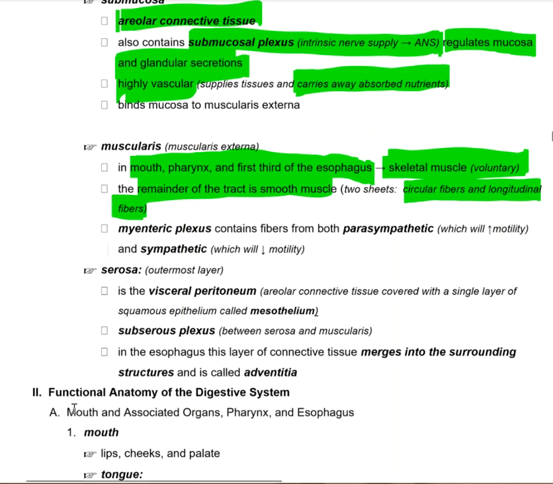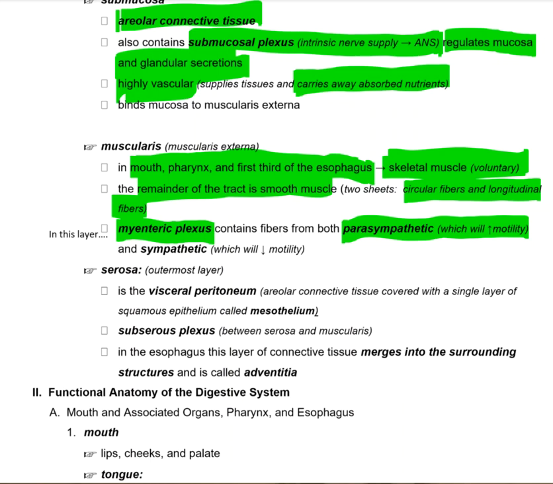In this muscularis layer, the myenteric plexus exists, and this contains fibers from both parasympathetic and sympathetic. My is, you're thinking muscle, myenteric plexus. The parasympathetic increases motility, sympathetic decreases motility. Does that make sense?